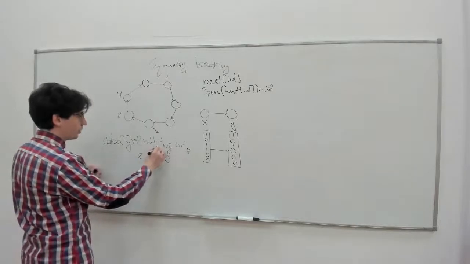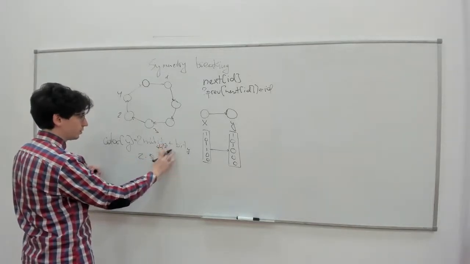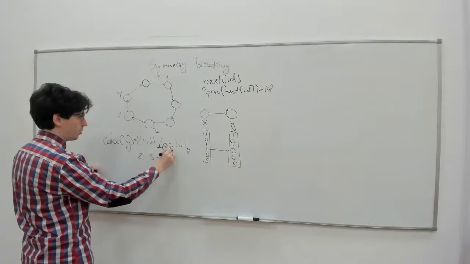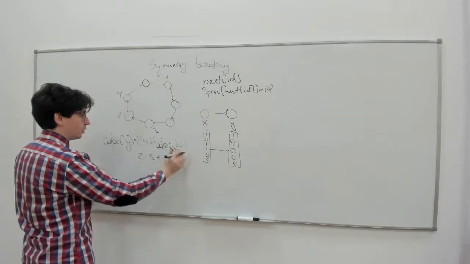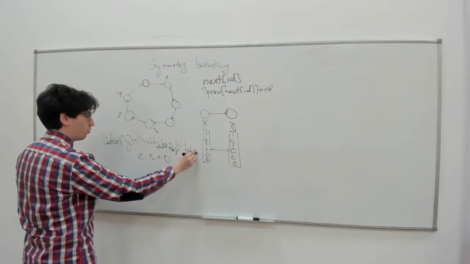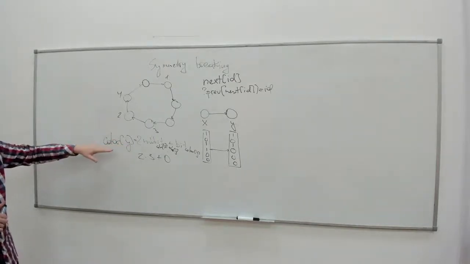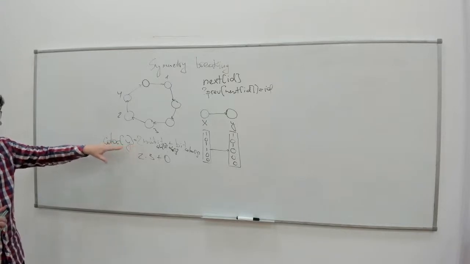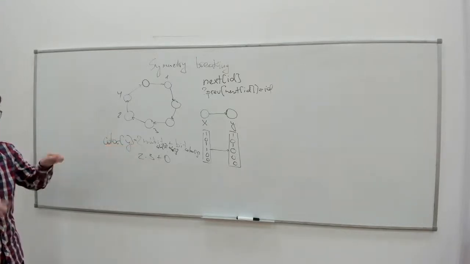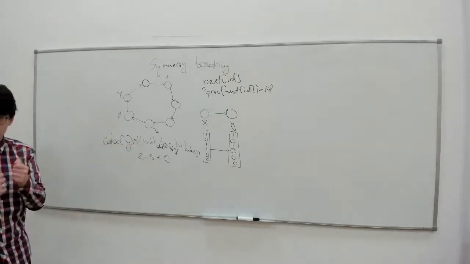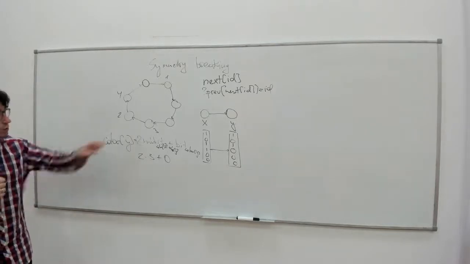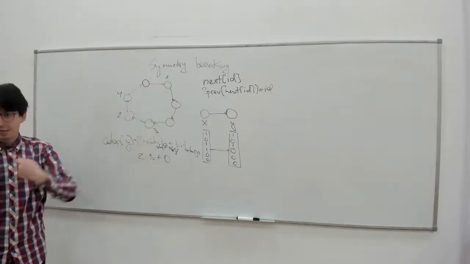For future it will be color of X, color of Y, color of Y. This way we recolor all the elements, and one can see that these new colors will not be equal. Two consecutive elements on the cycle will have different colors.